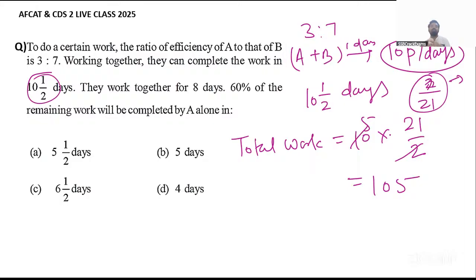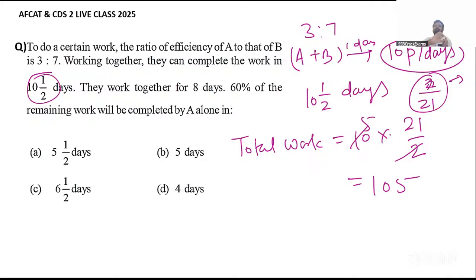Let me tell you, you might get confused. Initially, we were treating work as one. Now we are dividing the work into parts. Suppose one person is writing on pages, and he can write 10 pages in whole.